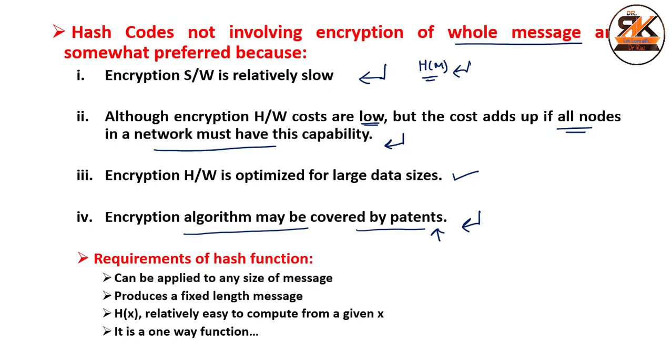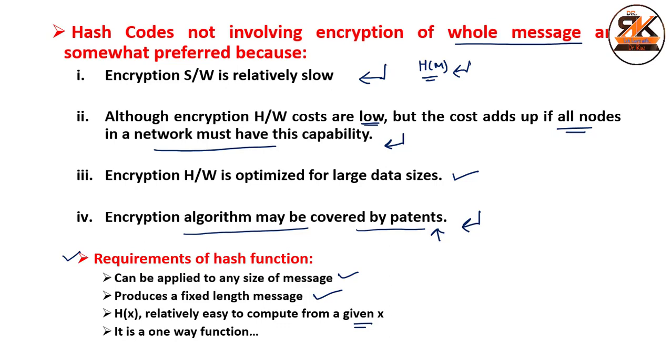Next is the requirement of a hash function. A hash function can be applied to any size of message, and then we are going to get a fixed length message digest which can be appended to the message and transmitted in order to authenticate the message. Hash of x is relatively easy to compute from a given x. As we know it is a one-way function, and computing the hash for a given message x is easy.